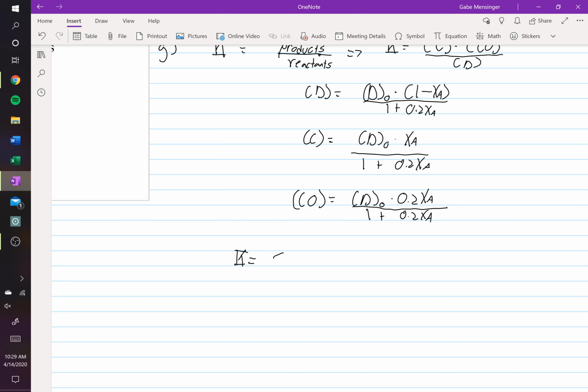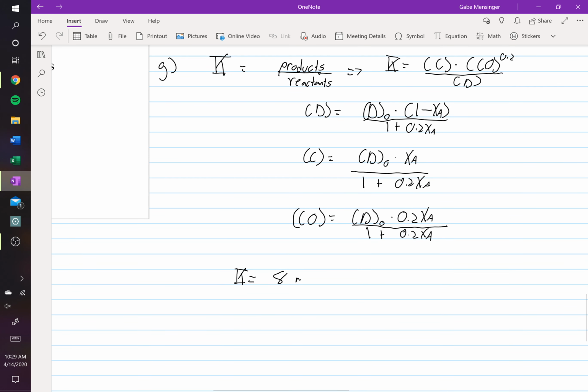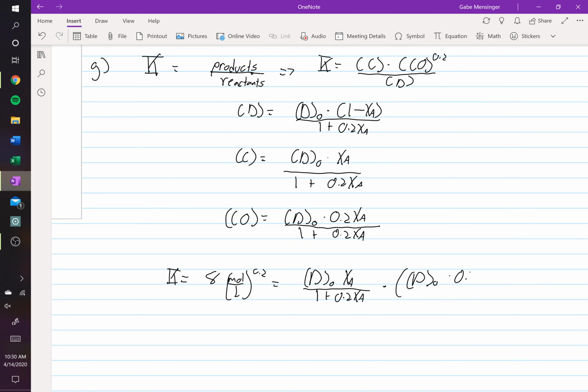We know that our equilibrium constant is equal to 8 moles per liter to 0.2. So I'm plugging in for C right now, plugging in for CO, and plugging in for D.